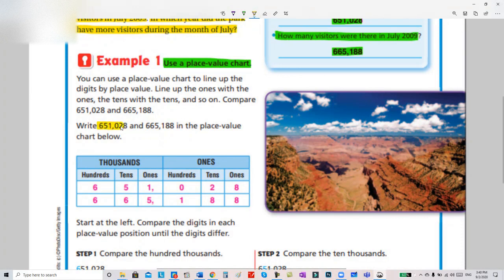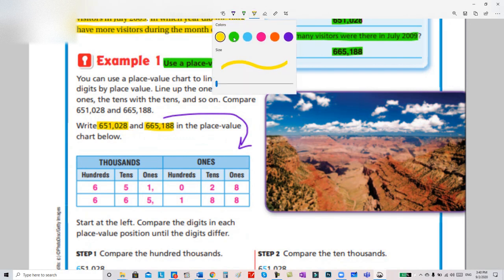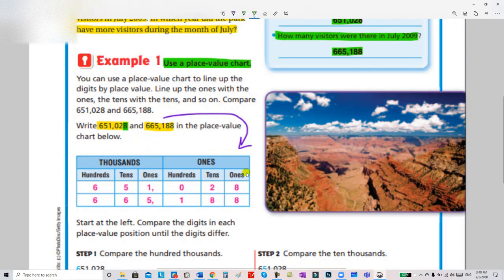So we are going to write both of the numbers in this table as we studied before in the previous two lessons. Okay, so we are going to start with this number: 8 in ones place, 2 in tens place, 0 in hundreds place, 1 in 1,000s place, 5 in 10,000s place, 6 in 100,000s place.